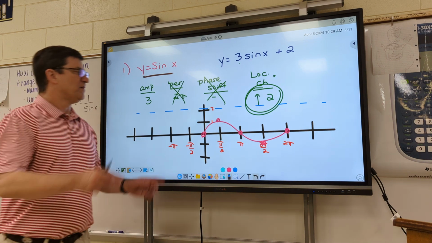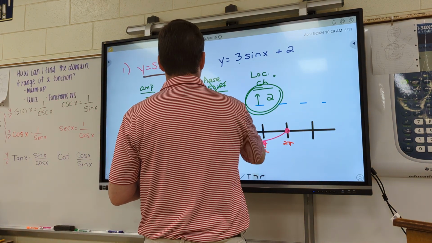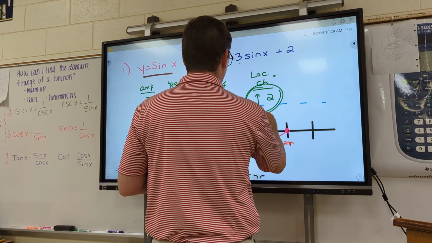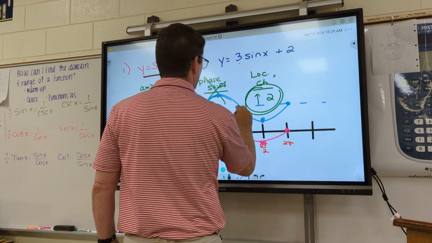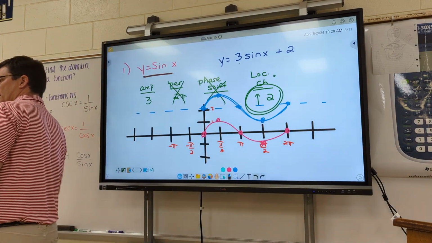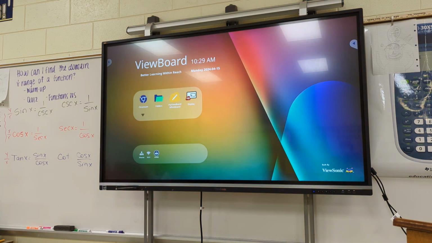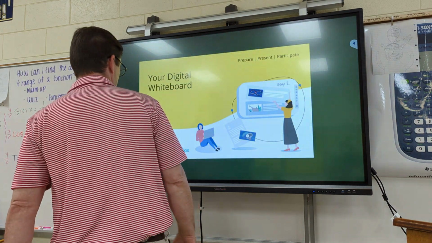And you're going to move every point up 2. So I move it here, there, there. So really you're just moving the whole graph up 2. Anybody have a question about what I've done? Moved everything up 2.